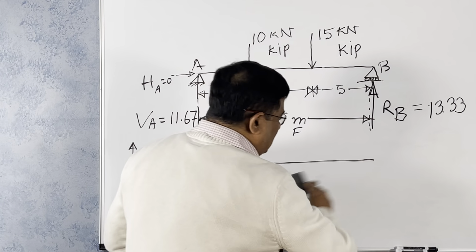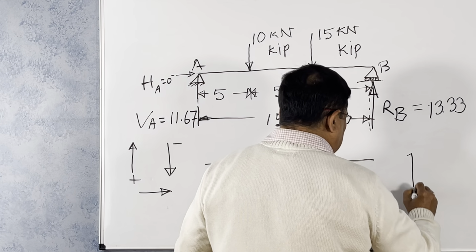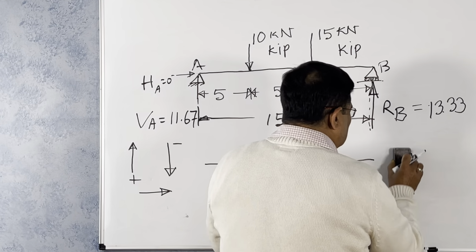If you consider this value from right to left, it will be like this. This is positive, this is negative. If you are calculating the value from right to left, vertical upward is positive, vertical downward is negative.